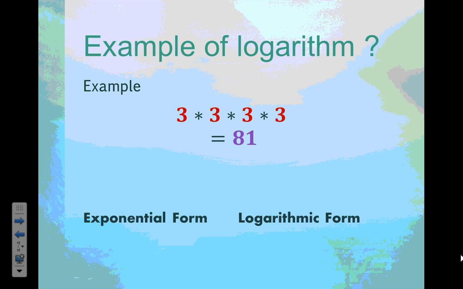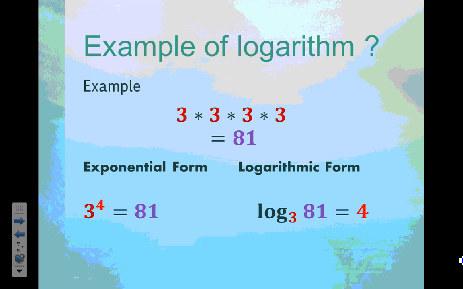So when you look at it, you recognize you're using the same numbers in the exponential form as you are in the logarithmic form. I see the 3 here that I see here. I see the 4, which I also see here, and I see the 81, which I also see here.